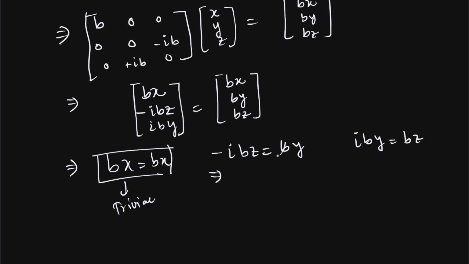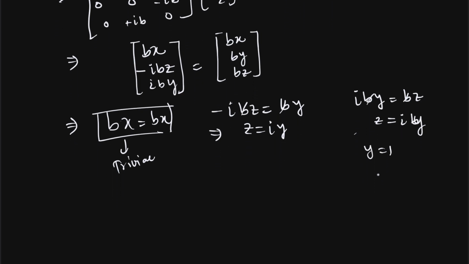That means from here we can calculate that z equal to iy, and from here also we can see that z equal to iy. So let us put y equal to 1. It is true for any value of x, so we can put x equal to 0, and let y equal to 1 and z equal to i. So this is one eigenket corresponding to the eigenvalue plus b.